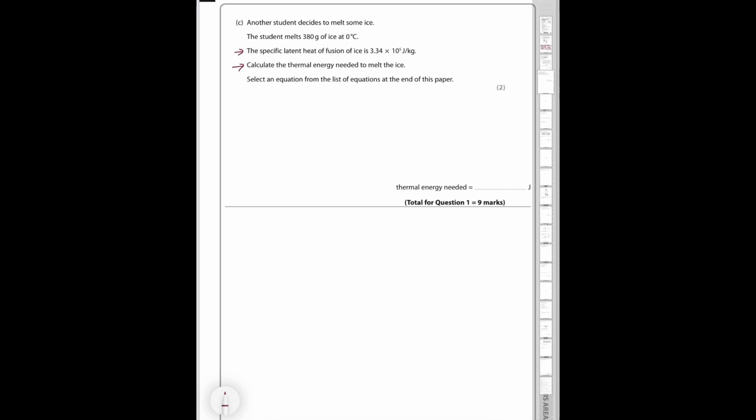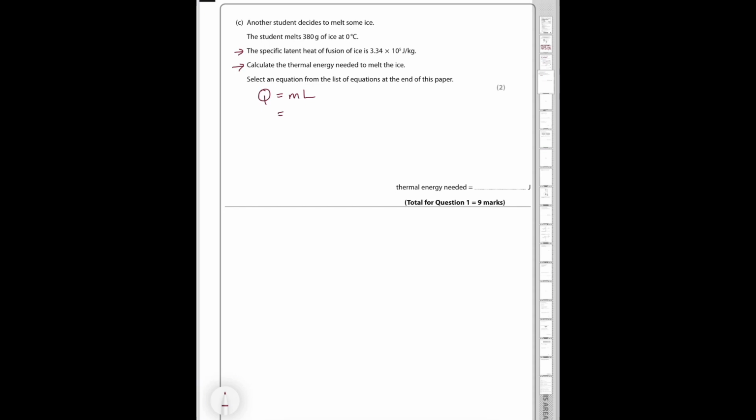If you look at the list of equations, we would be using Q equals mL, Q being the thermal energy needed to melt the ice, m being the mass in kilograms, and L being the specific latent heat of fusion, which in this case is 3.34 times 10 to the power of 5.